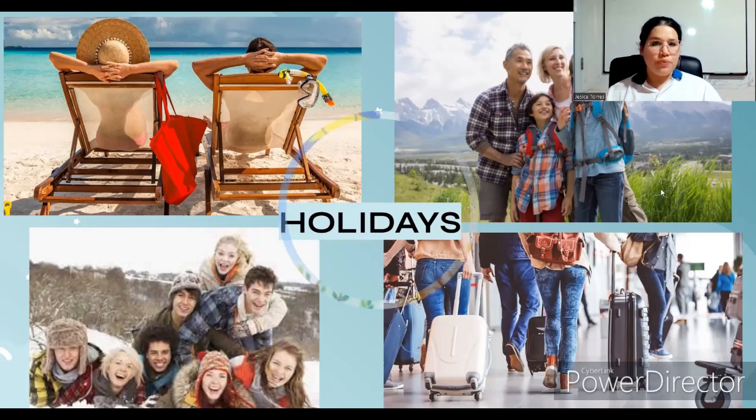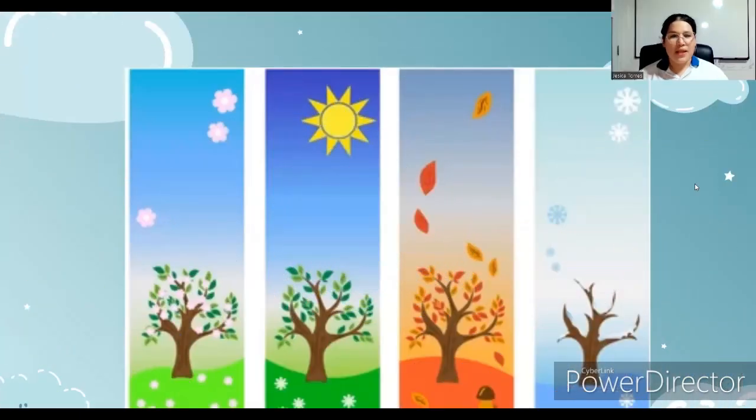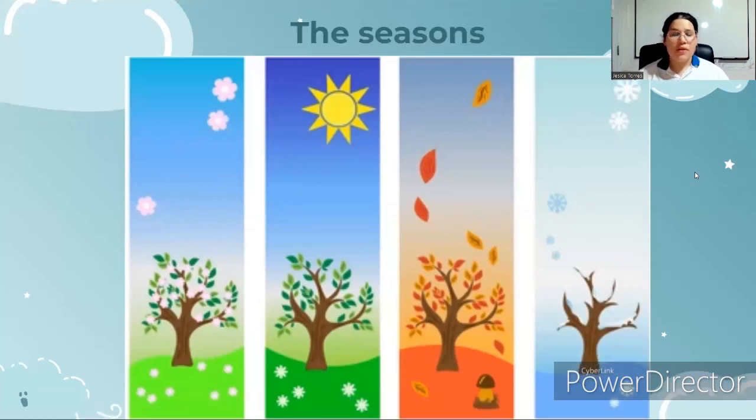Good. Let's see the seasons, right? The seasons. Okay, depending on where you're watching this, you may have the 4 seasons, or you may have only 1 season during the whole year.